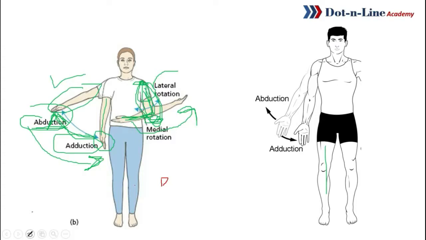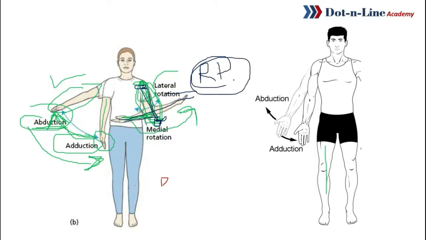Let me change the color. Yes, it is attached here and it is attached here. So when you move the lower hand away laterally, the humerus will not move but will rotate circularly. Okay, and it will be rotating laterally, so it will be a lateral rotation.